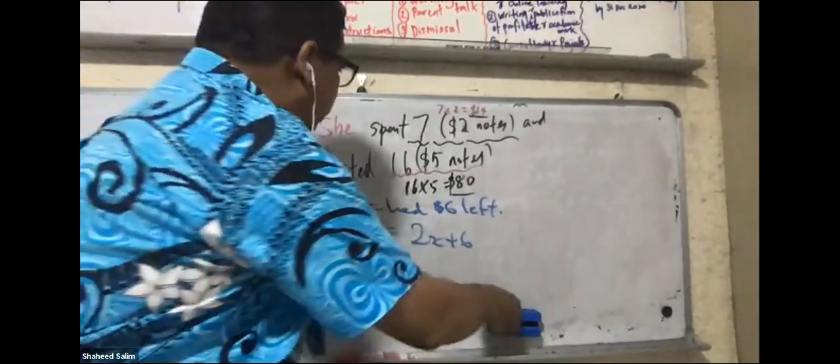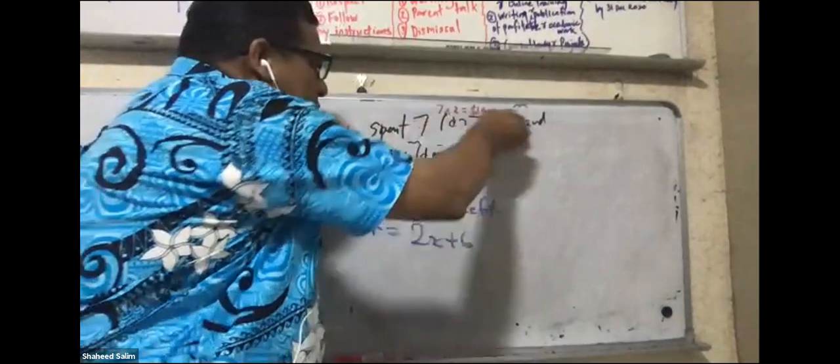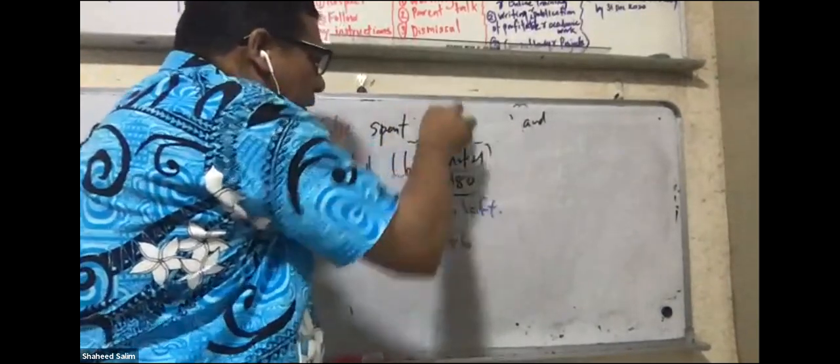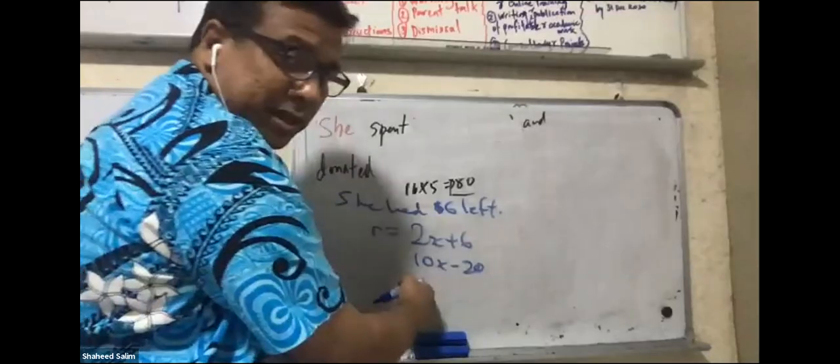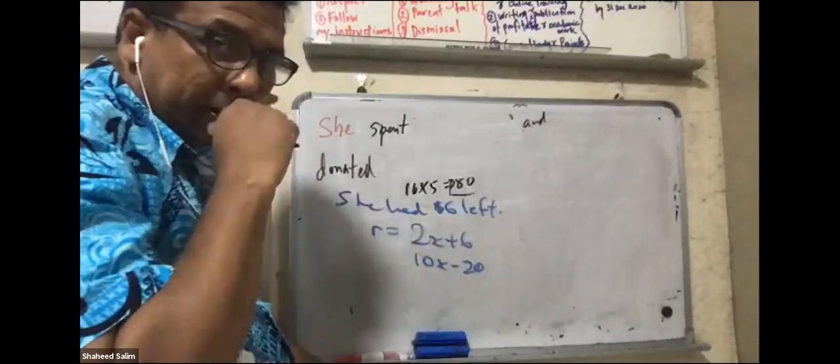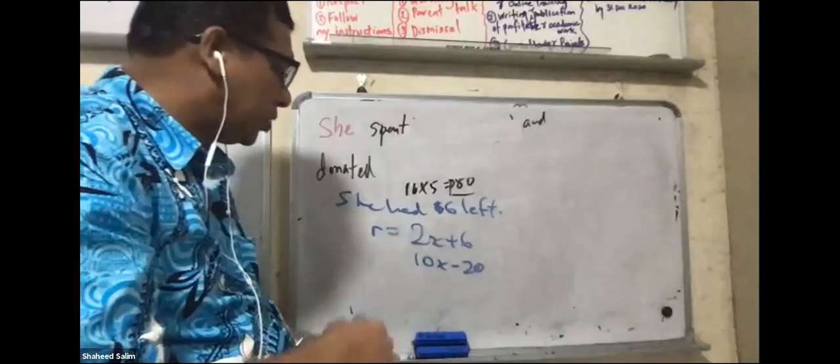All right, now they say that she spent. I'm going to write down 10x minus 20. This is what she spent, is it? Okay, the 2x is what she spent.